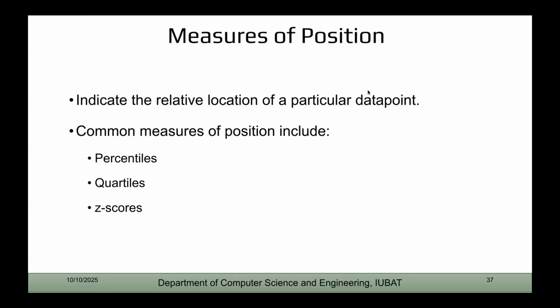We are trying to find the relative location of a particular data point. Common measures of position include percentiles, quartiles, and also the Z-score that we are going to cover here.